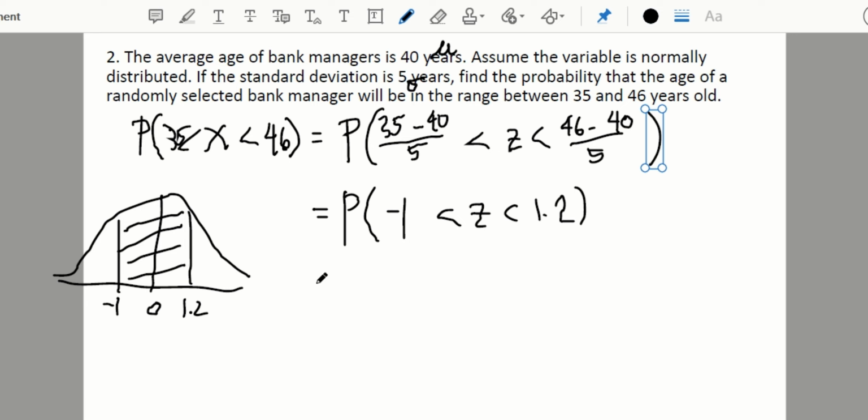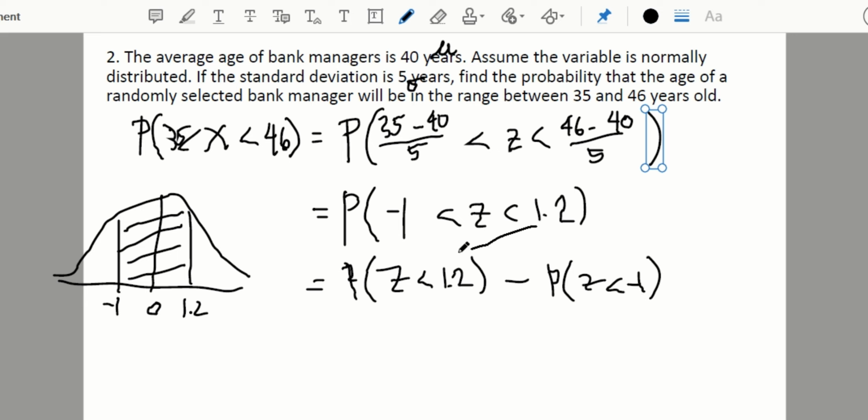So the strategy here is to subtract the areas. The bigger area is the one which is farther from the left, so this one, the probability of z less than 1.2 minus the probability of z less than negative 1, or simply you'll just cross the areas from the table.